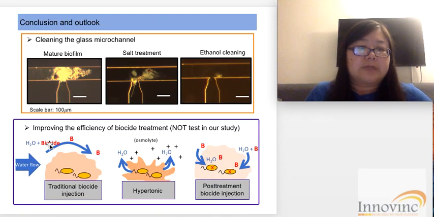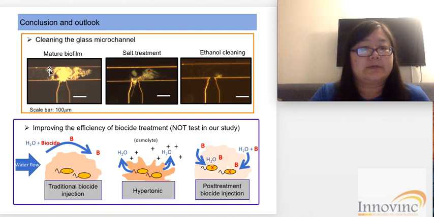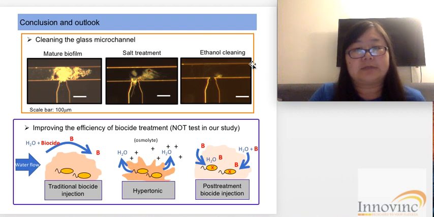So here, from our cases, we try to find a new way to clean the glass microchannel. From our experiment, this is the mature biofilm. After the salt treatment, we left some biomass, and then we flowed ethanol to clean the microchannel.